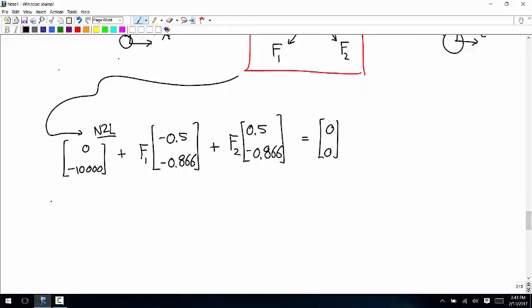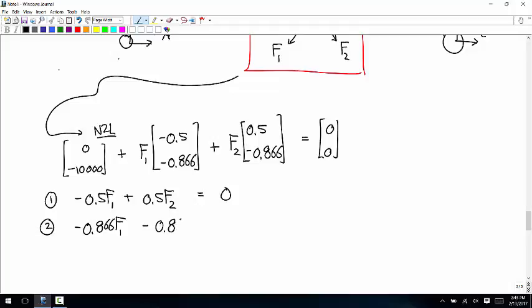And so we have two equations. The first one says negative 0.5 F1 plus 0.5 F2 is equal to 0. And the second equation says negative 0.866 F1 minus 0.866 F2 is equal to 10,000.